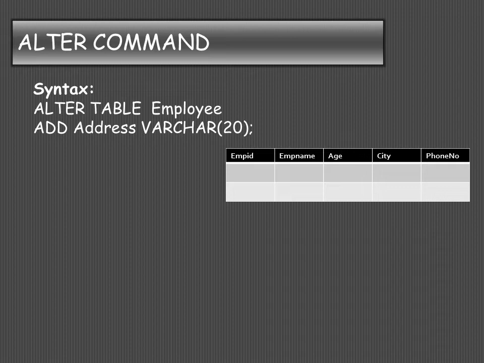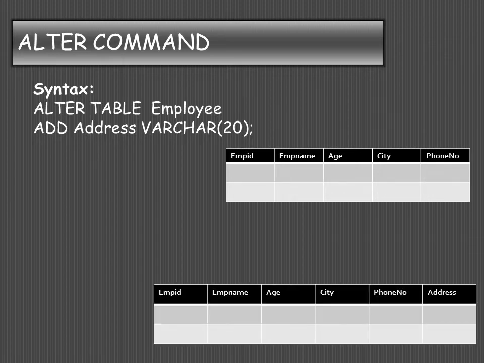If any cell contains a value of more than 20 characters, it will not be accepted. You can specify more than 20 also; a maximum of 255 can be specified as the length. Once you write this code, the table structure will be changed and address will be added to your table.